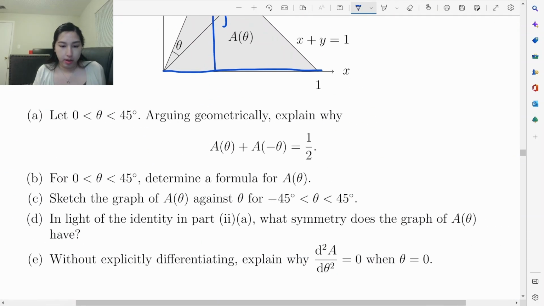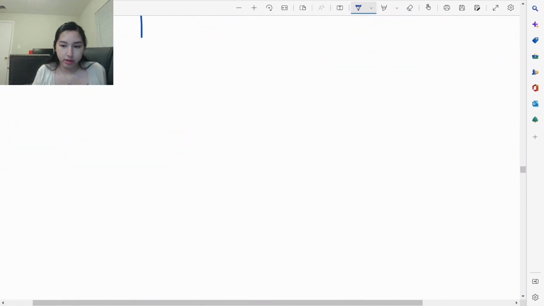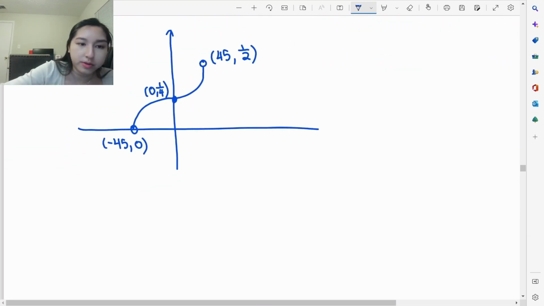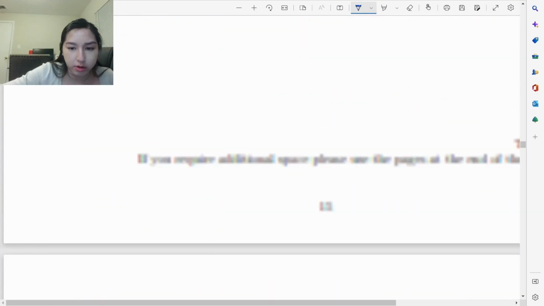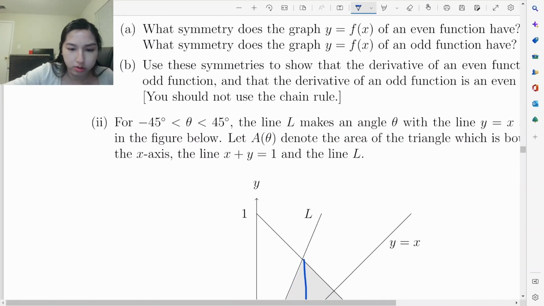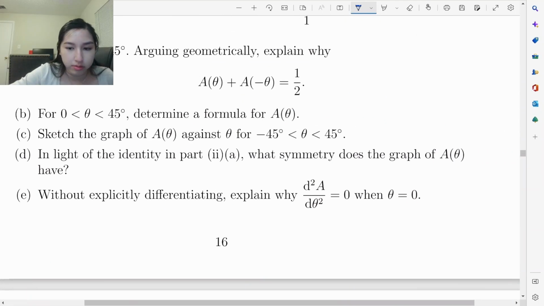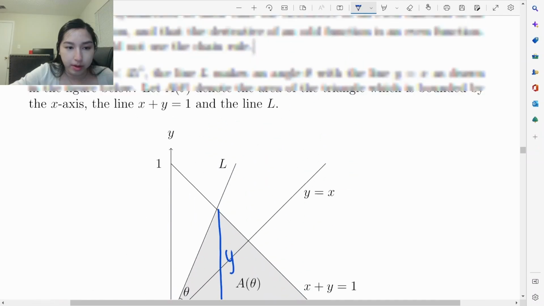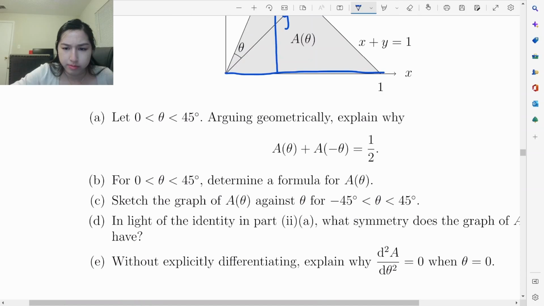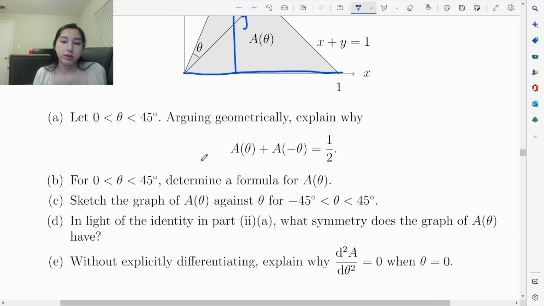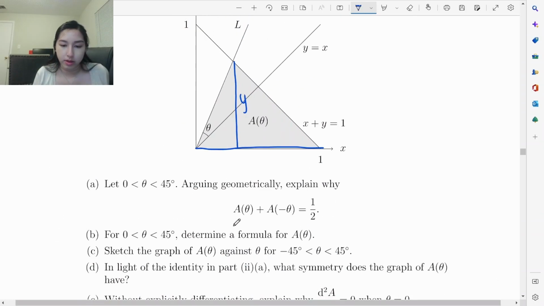And then, what symmetry does the graph of A have? Well, it's odd symmetry because all tangent graphs have odd symmetry. Is it odd? Do they want symmetry or do they want even or odd? Identity in part 2A, this one. Okay, I see. So A theta plus A minus theta.